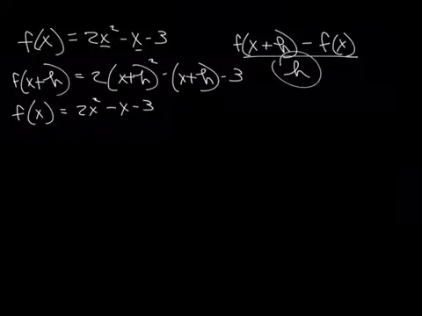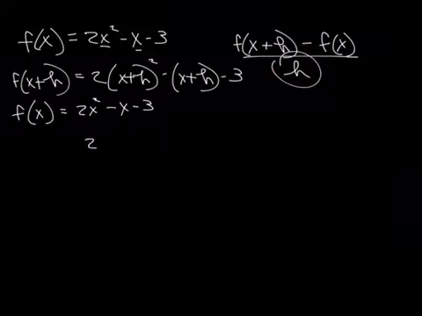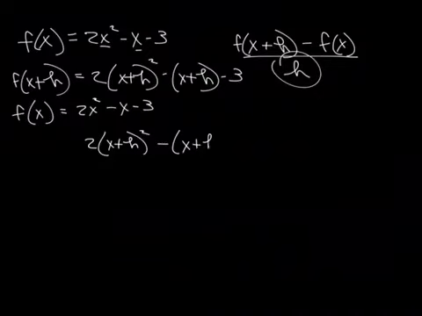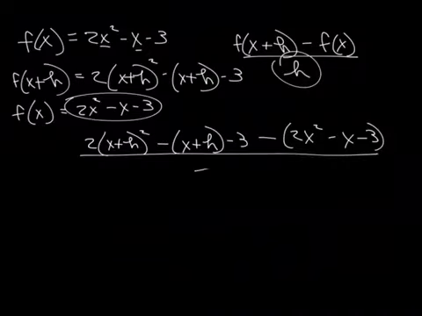So let's go ahead and write this here in its fullness. Alright, so we have minus this over h.